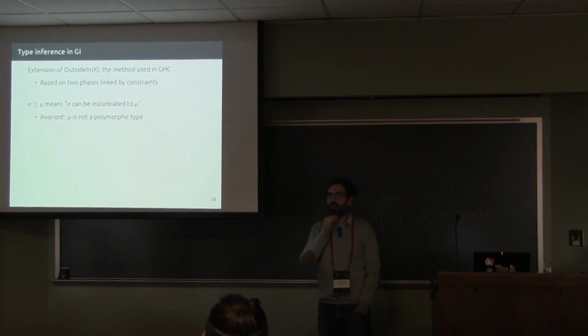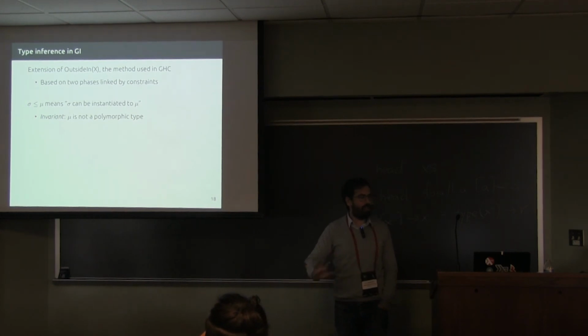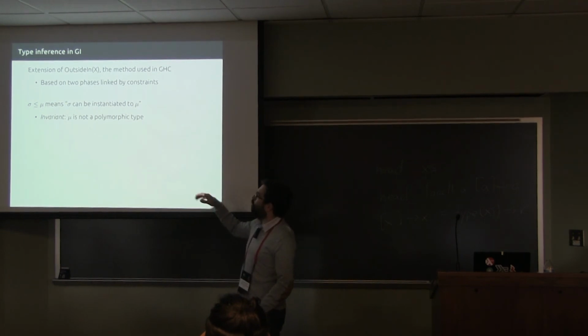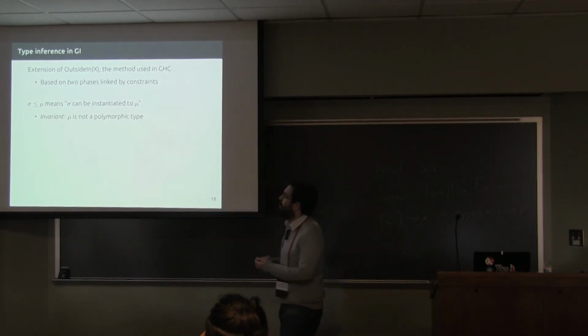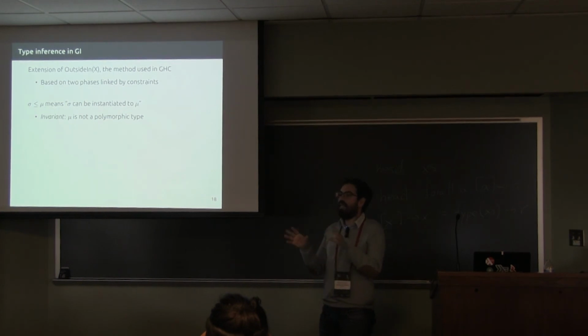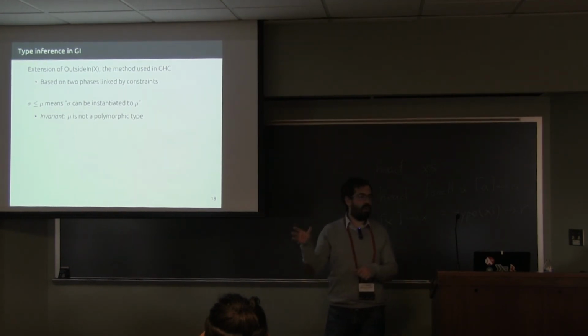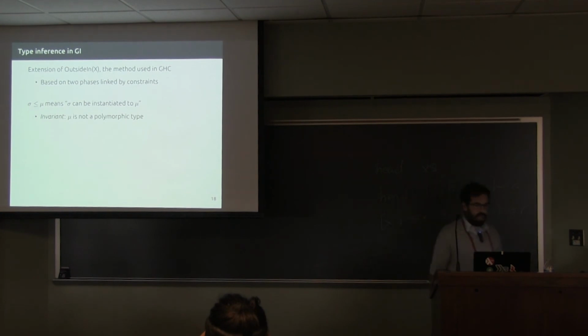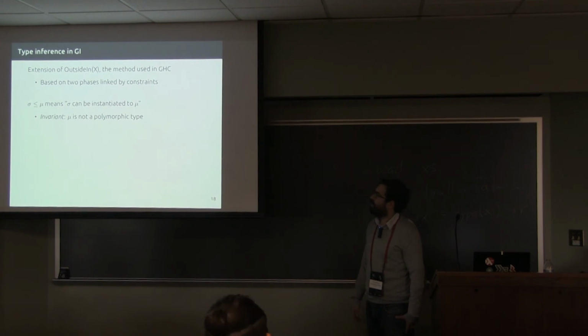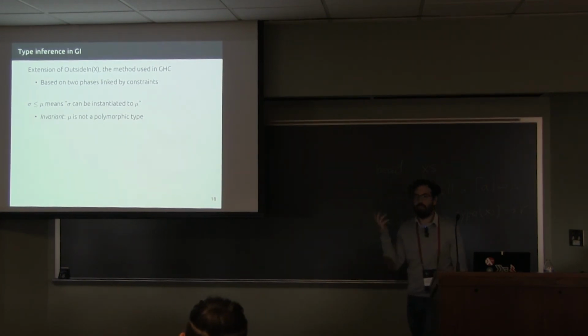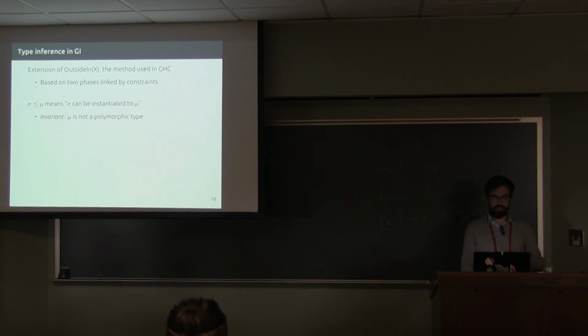impredicativity working, you cannot be so eager doing this. Instead, you have to introduce new constraints which say, okay, I don't know what any of those types, sigma and mu, are, but I need to have a solution such that my sigma can be turned into my mu. So that you can choose some variables and then you get a mu back. And by how all of this is set up, we will know that the type on the right hand side is not going to have a forall. This is just something that happens in the system.